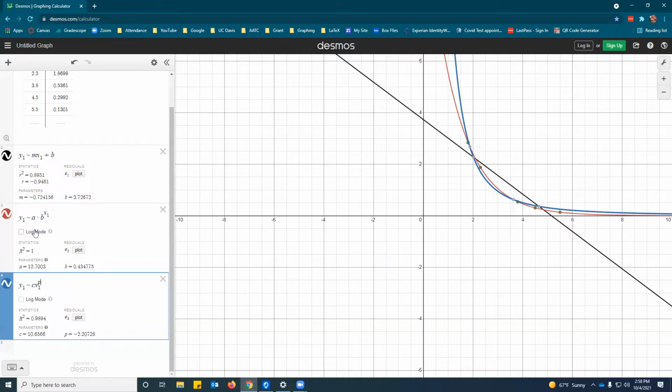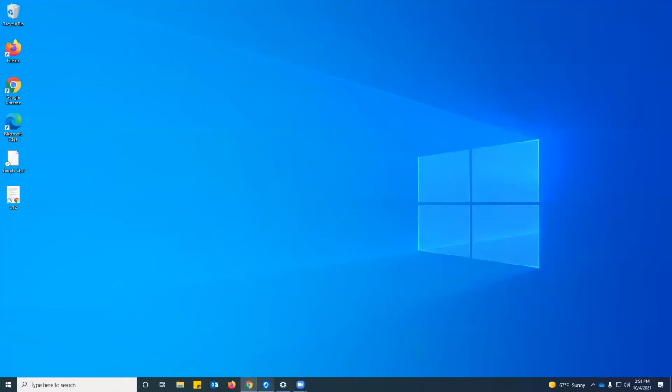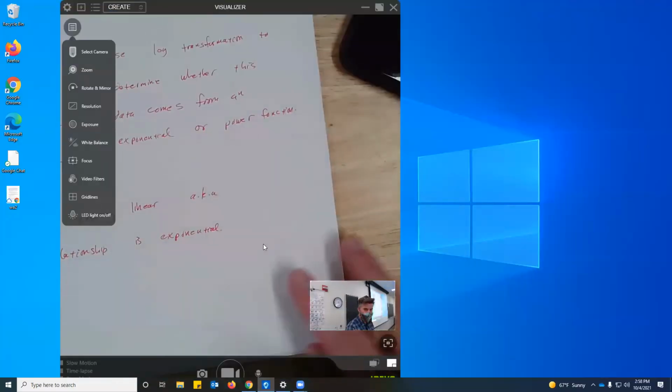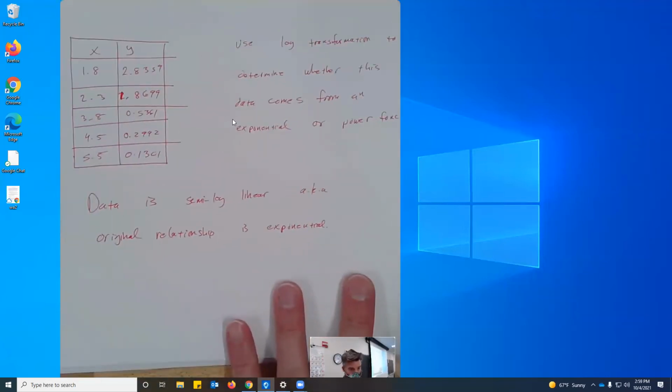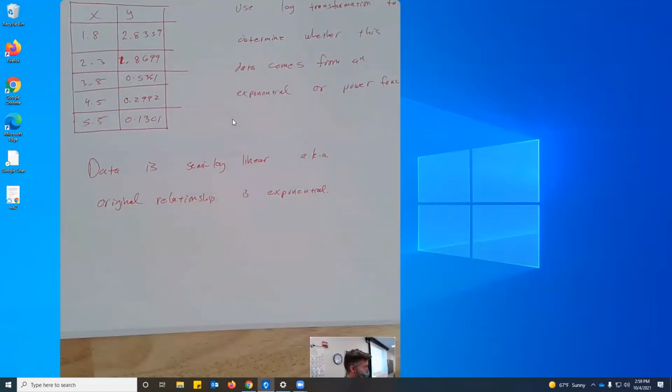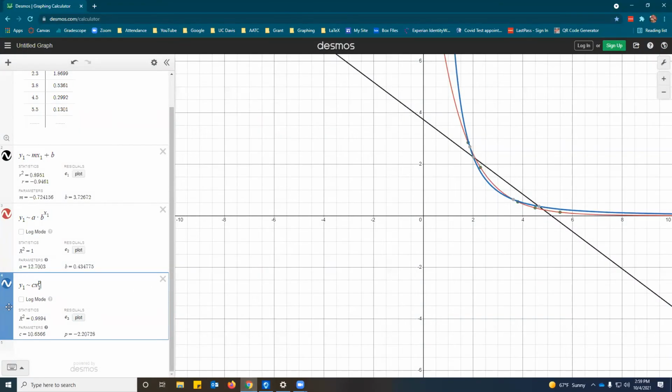Furthermore, oh, sorry, you can't see what I'm writing because I'm a spaz. Furthermore, Desmos tells us what the numbers are, right? If we look back at the data, we can see for this exponential one, the A value is 12.703 and the B value is 0.434775.